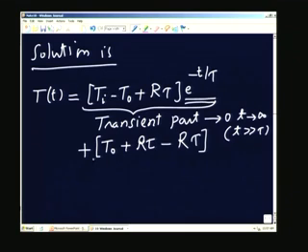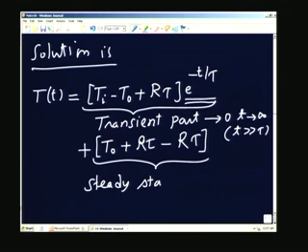And this we will call the steady state response, wherein when the transient part has already become 0, the surviving part, the part which remains, is called the steady state response.